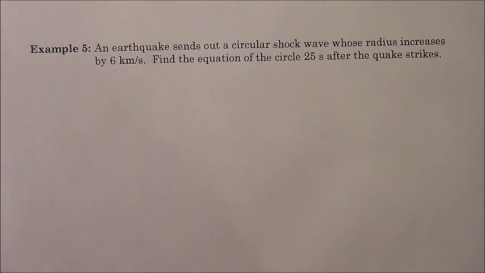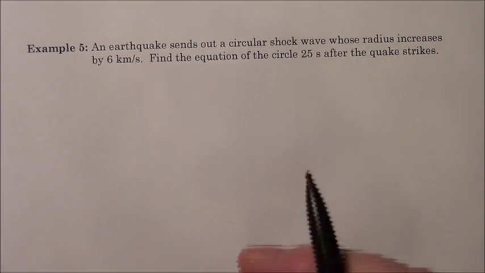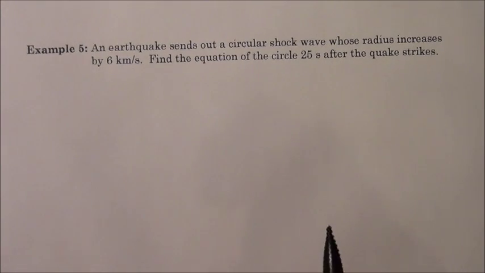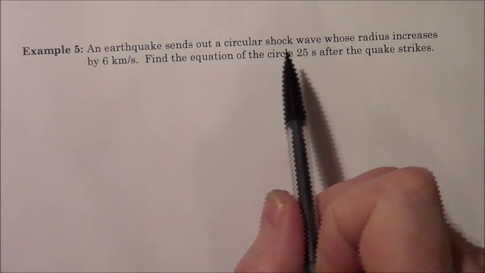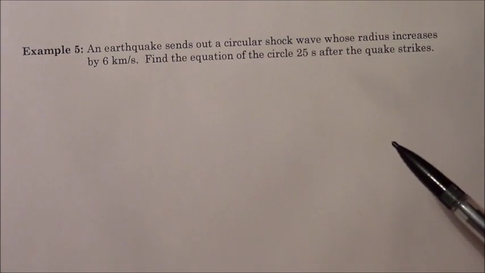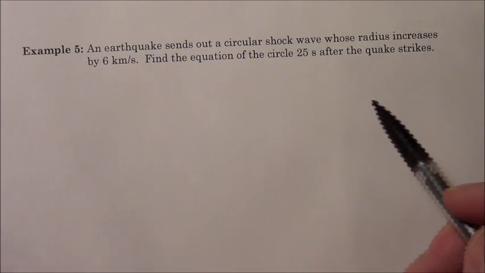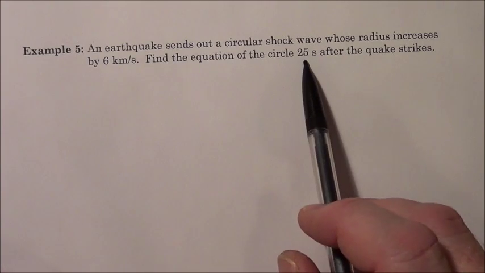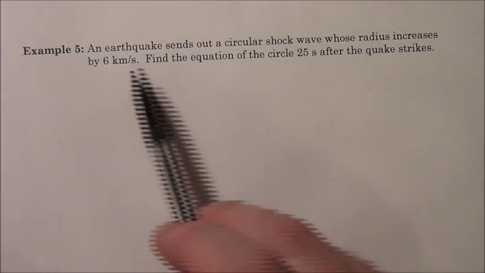The shock waves get expanded out in a circular fashion from the center, wherever the plates slip and cause the quake. The radius increases by 6 kilometers per second. And we want to find the equation of the circle 25 seconds after the quake strikes.